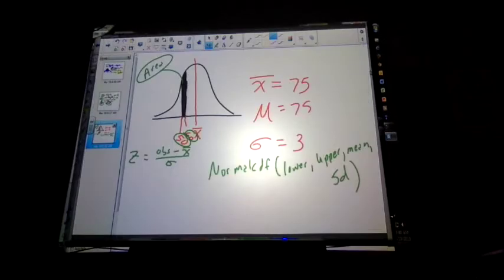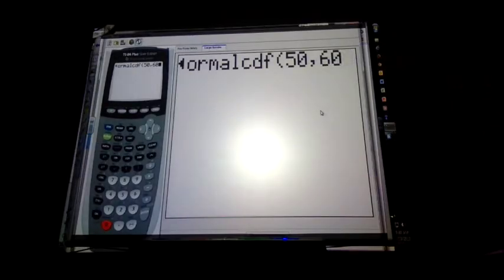What is my average? 75. Notice I'm using commas to separate it. The comma is right above the 7. 75, and comma, how much? 3 is my standard deviation. Close the parentheses. Hit enter.